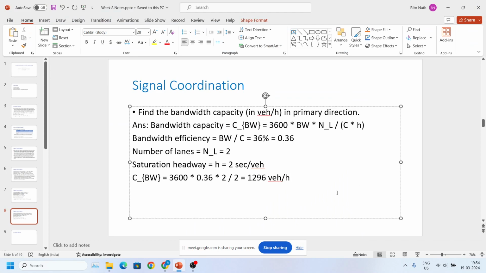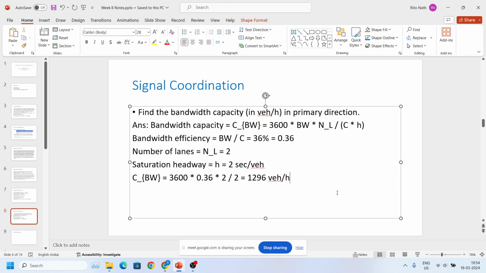Next, let me see if anything else is relevant here. I think in the assignment there's something related, but not exactly the same. Okay, so the common data problem for questions 6 to 10: there you have two signals, distanced at 300 meters. Assume that vehicles arriving at your upstream intersection are already in progression at the initiation of the green.